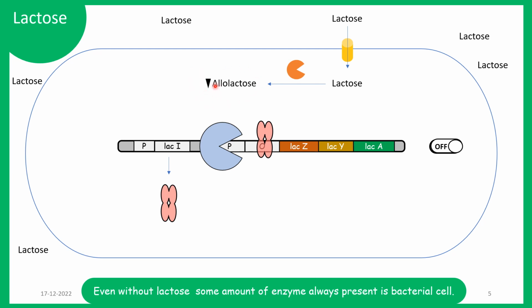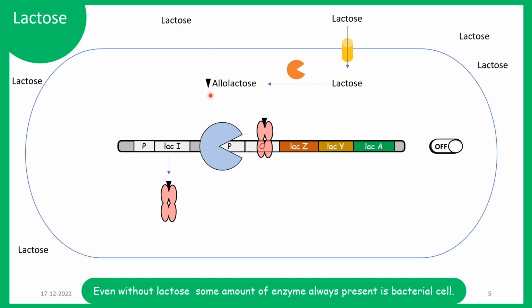So now this allolactose is going to bind the repressor in two ways. First is binding to repressor moving freely in the cytoplasm, and the second is binding to repressor which is already bound to the operator of the Lac Operon.